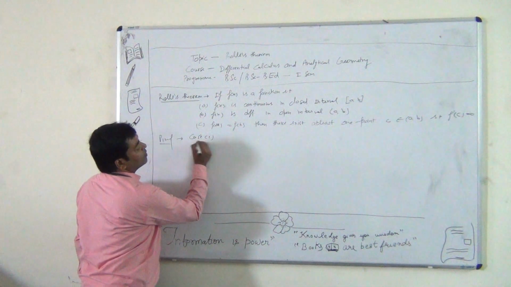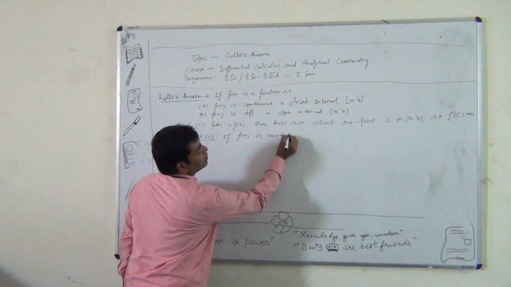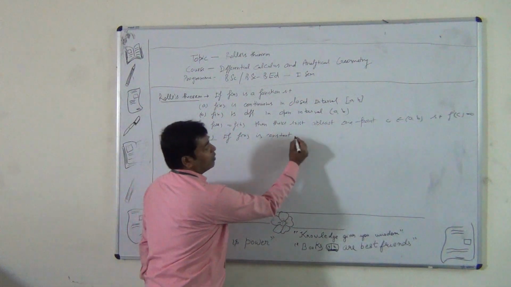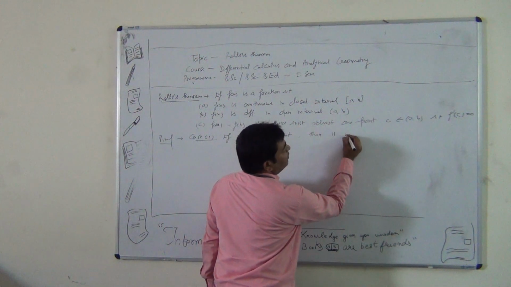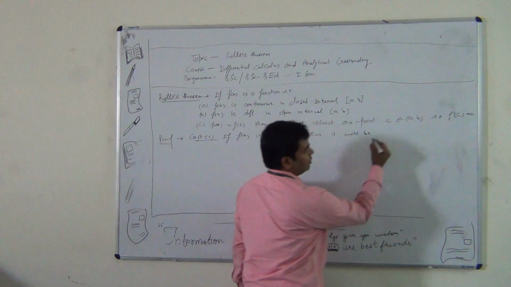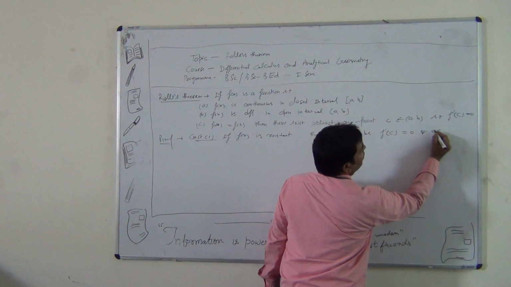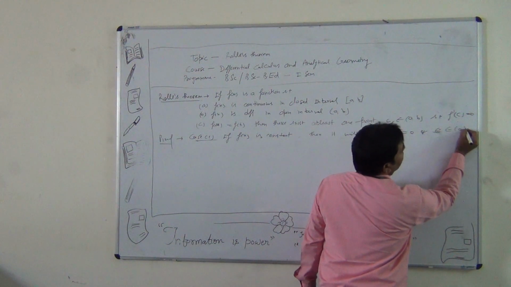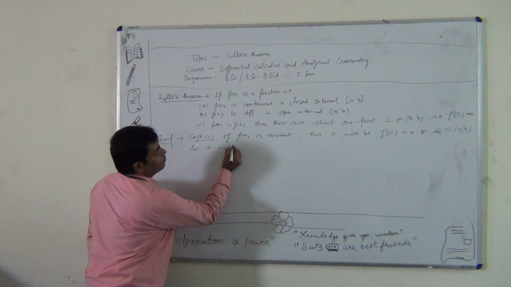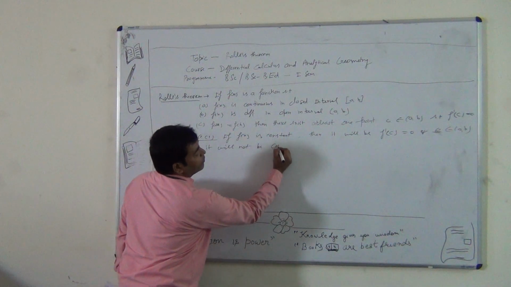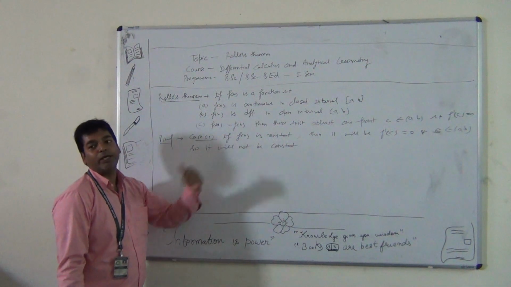Case first: if f(x) is constant, then f'(C) is equal to 0 for all C belonging to (A, B). So it will not be constant.